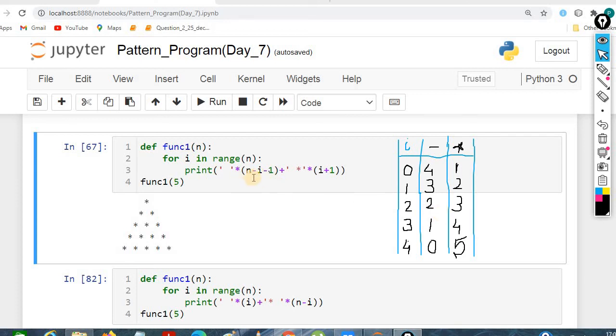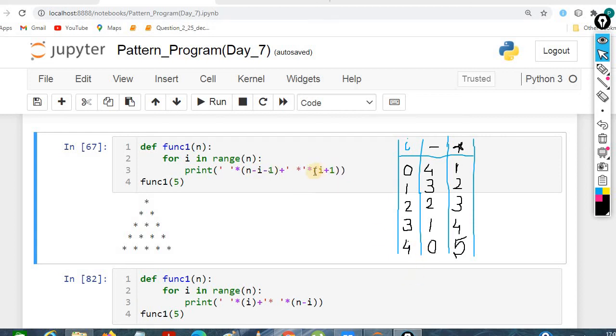In the fourth iteration it is n minus 3 minus 1, which is equivalent to 1. And in the fifth case i equals 4, n is 5, 5 minus 4 minus 1, which is equivalent to 0.